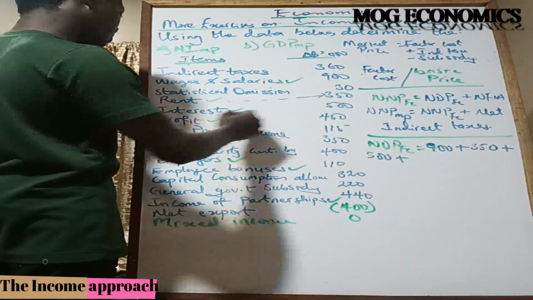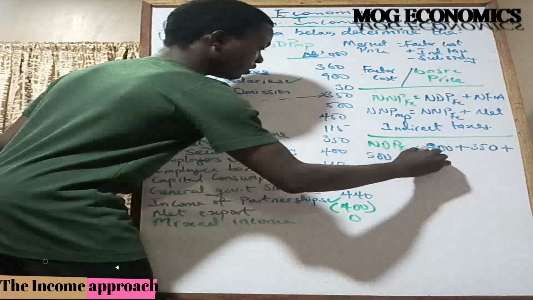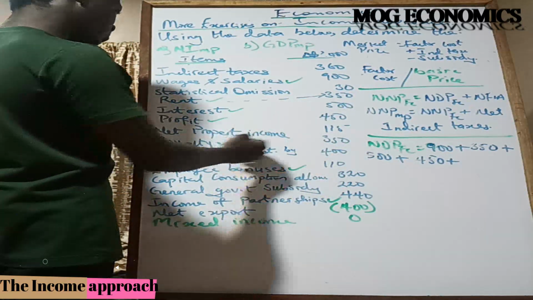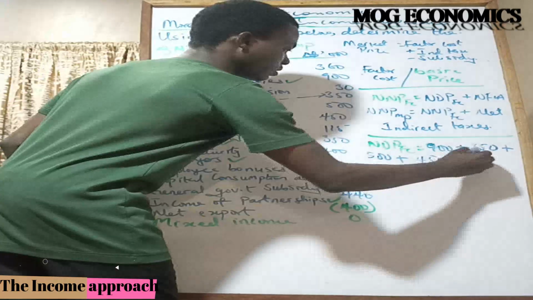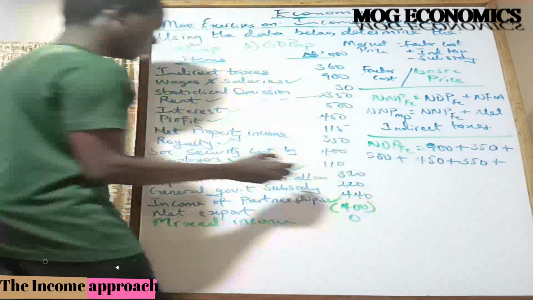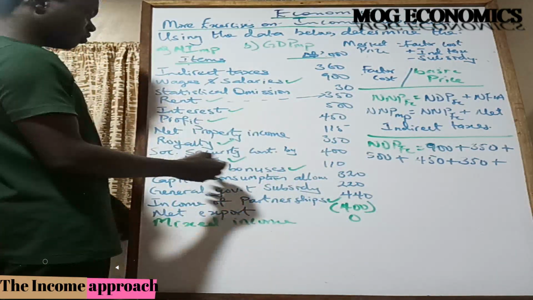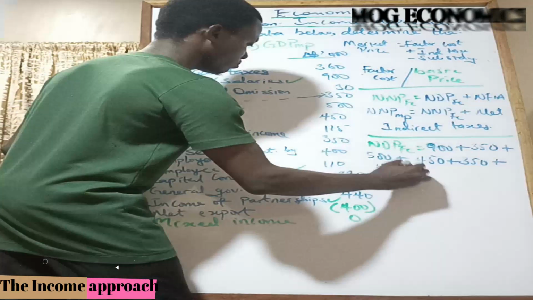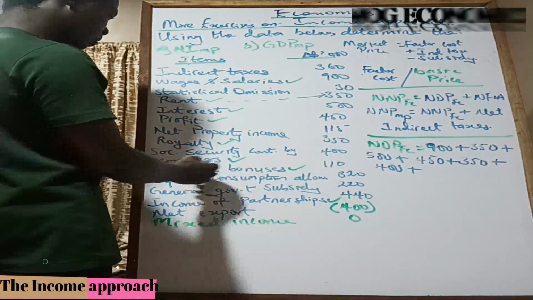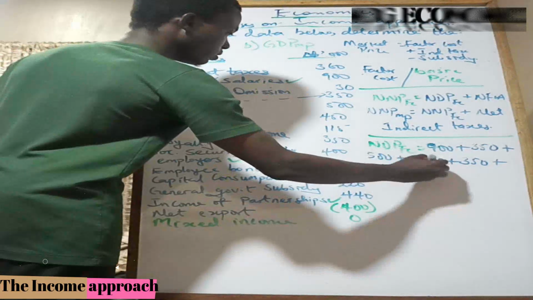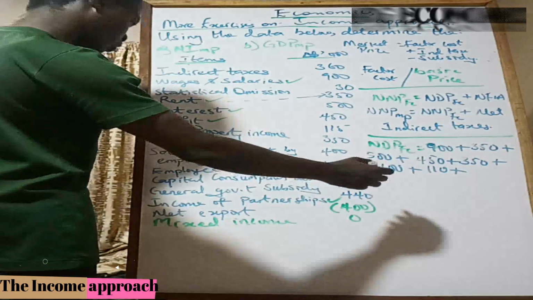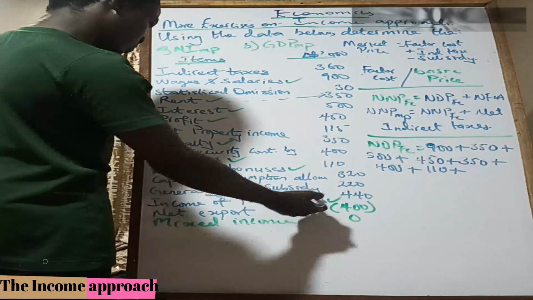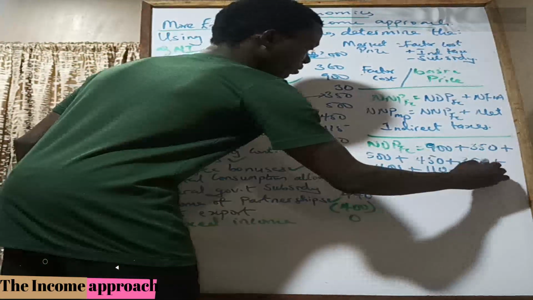Profit is 450. Royalty is 350. Then plus social security contribution, which is also part of compensation of employees, plus 400. Employee bonuses 110. Then subsidy, no. Income of partnerships 440.